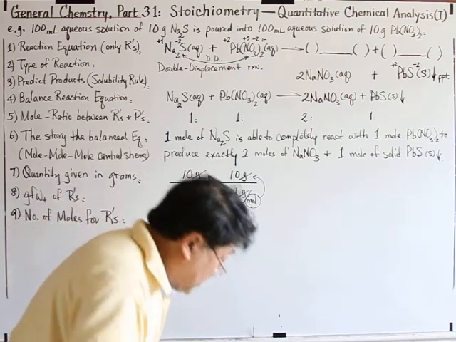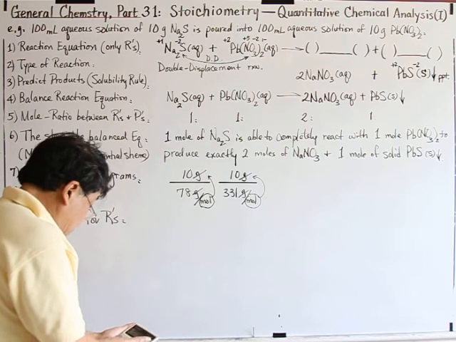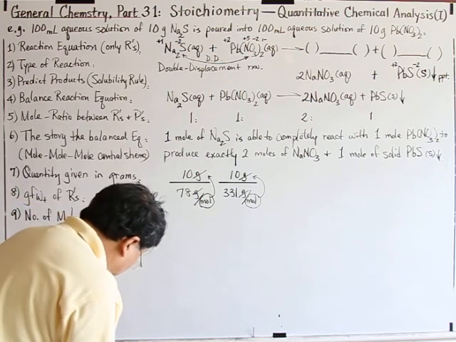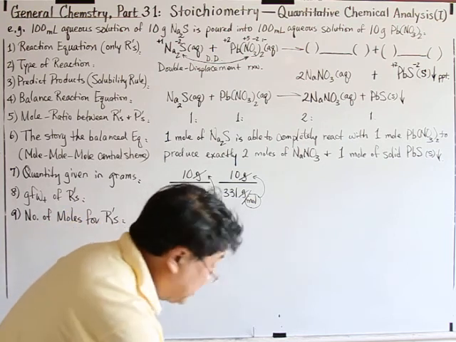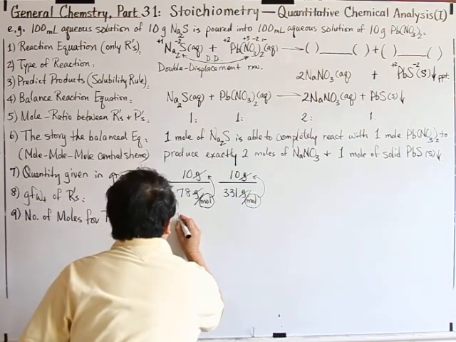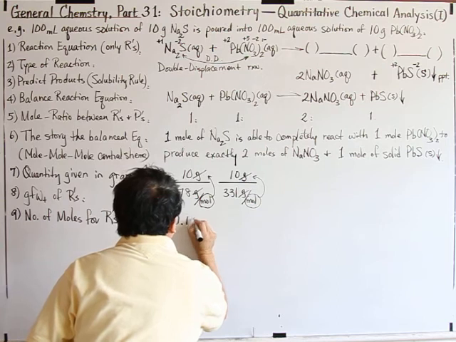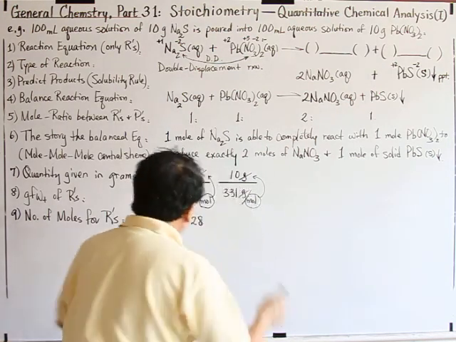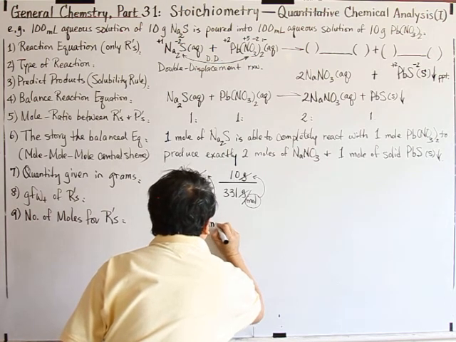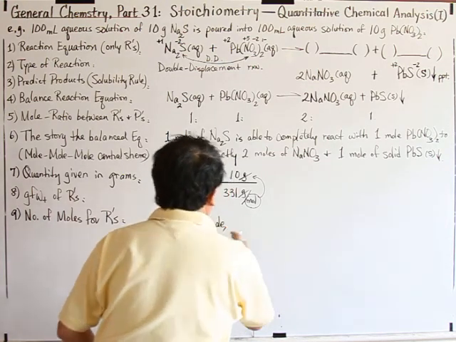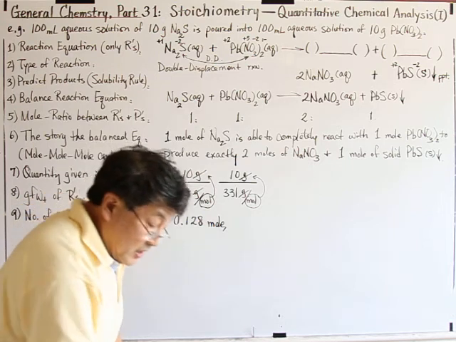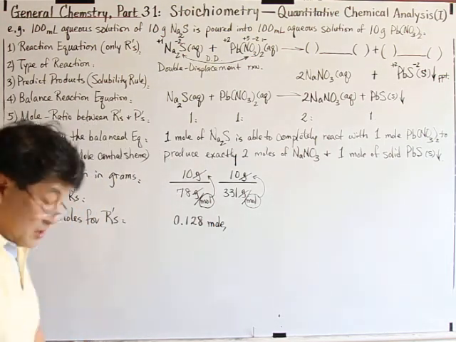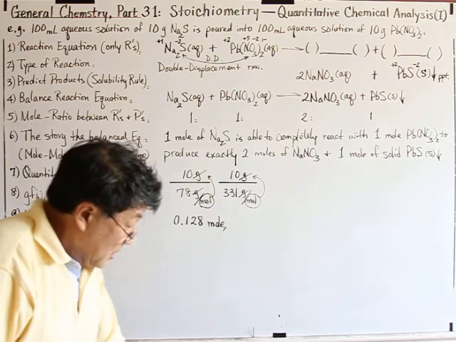So it's going to be 10 divided by 78, roughly 0.128 mole. That's the first one. Then time's up. We continue in the next session. All right, continue from here. We left off.